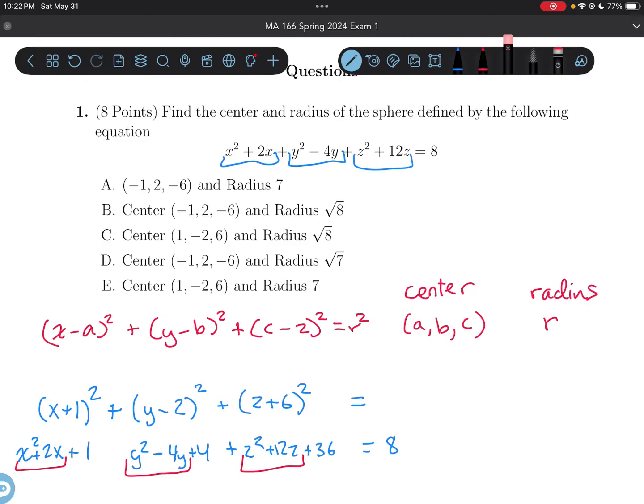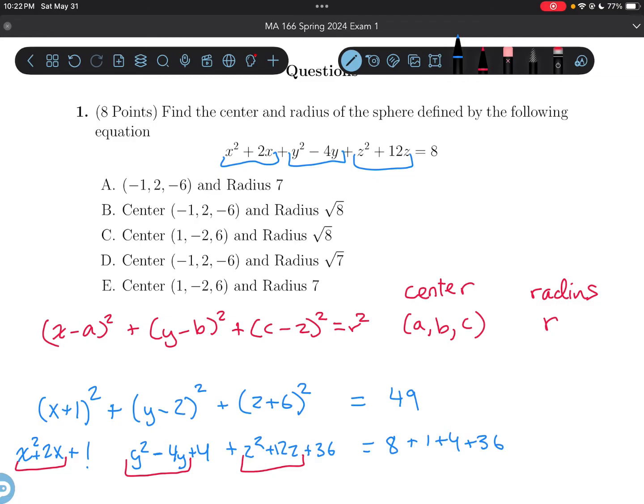So I'm going to actually erase this. To balance things out, essentially, and get the correct equation that's equivalent to what they give us in the formula, we have to add 1, 4, and 36. Those are the constants we get because of completing the square. And now once we do that, the right-hand side becomes 49.